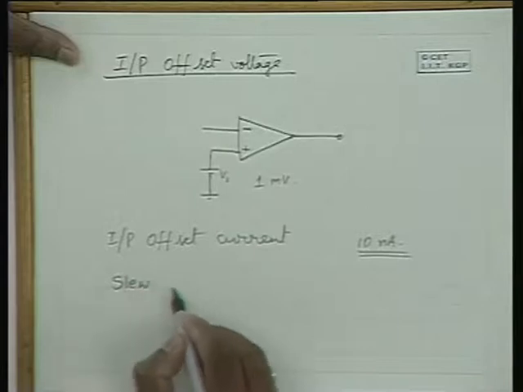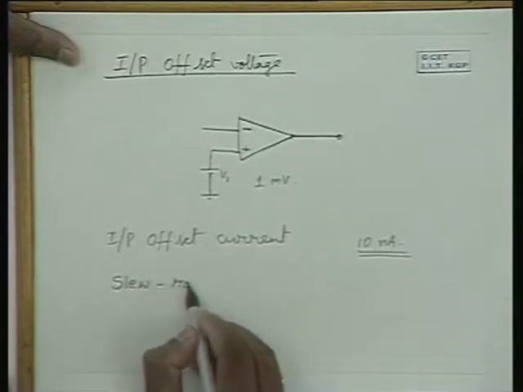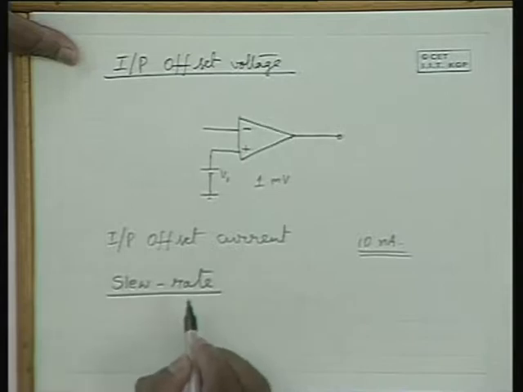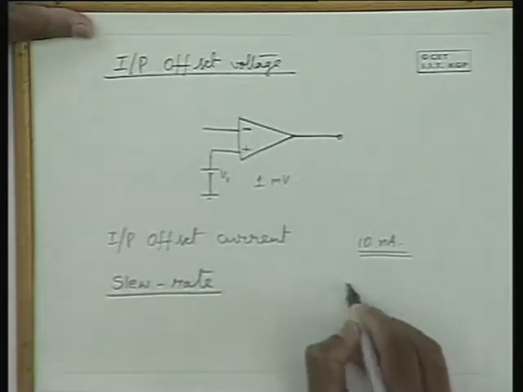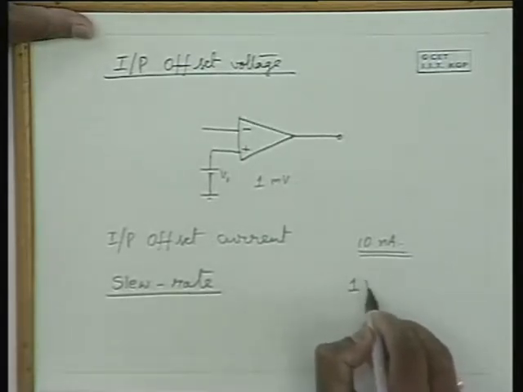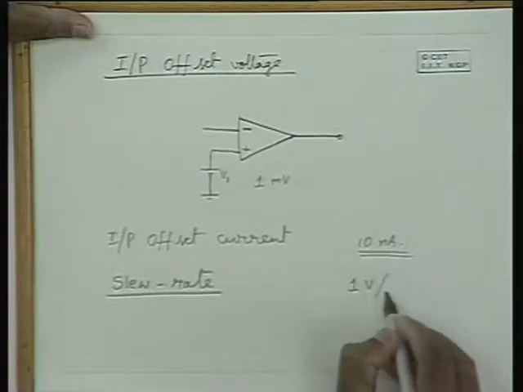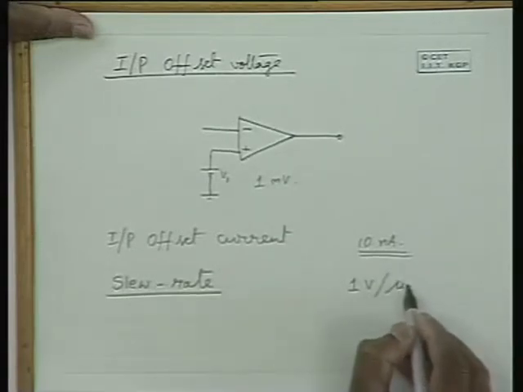And a very important specification of an op amp is the slew rate. In some op amps like the 741, it is like 1 volt per microsecond.